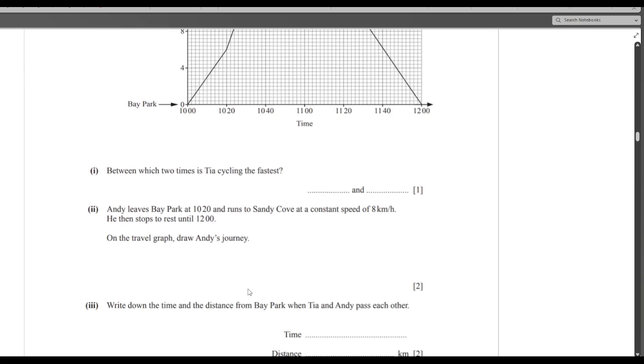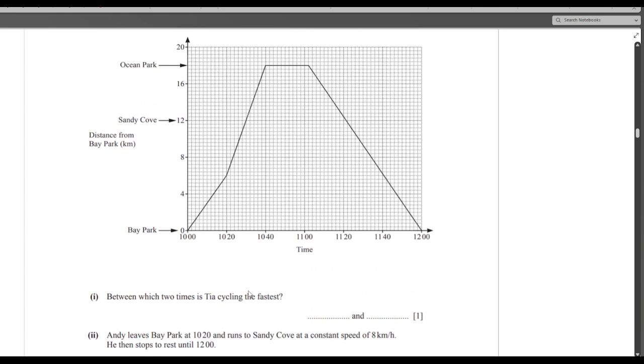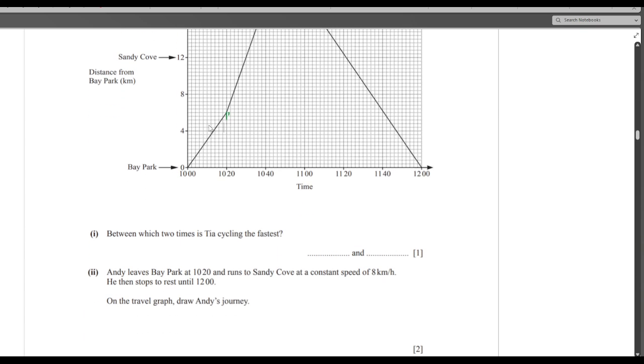Now between which two times is Tia cycling the fastest? You can see when she is cycling fastest, your slope, your gradient will be greatest. Now from this diagram, from 1020 to 1040, it is steepest. Therefore, I will say that the time when she is cycling fastest is 1020 to 1040.